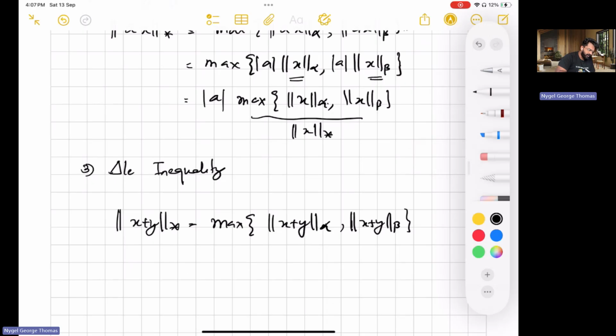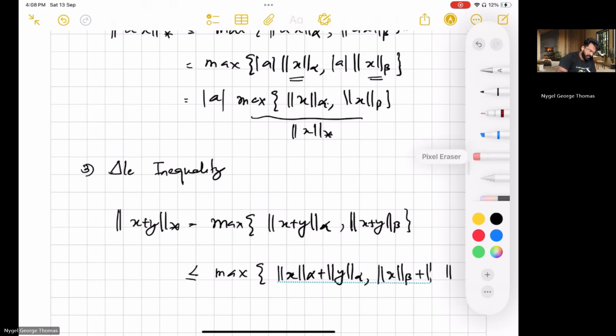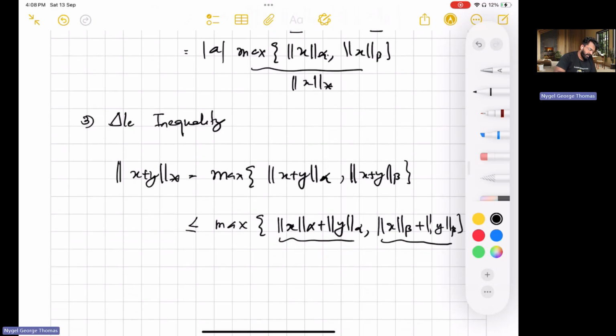So we can say this is less than or equal to the max of the sums of the individual norms, right? So we have the max of two quantities.